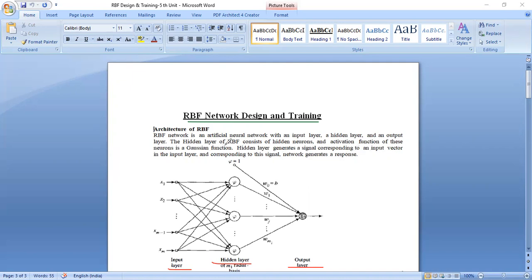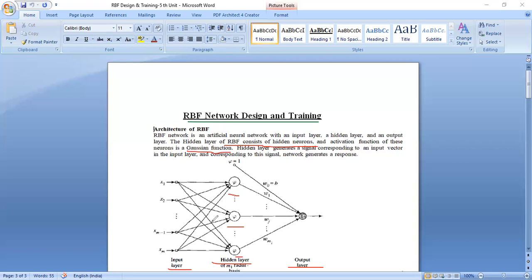The hidden layer of the RBF network consists of hidden neurons. Each and every hidden neuron has an activation function. Here we have used a Gaussian function with each unit of the hidden layer.